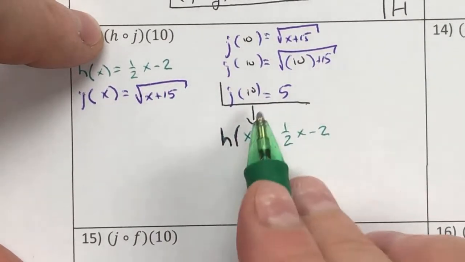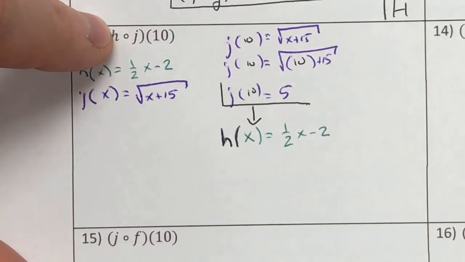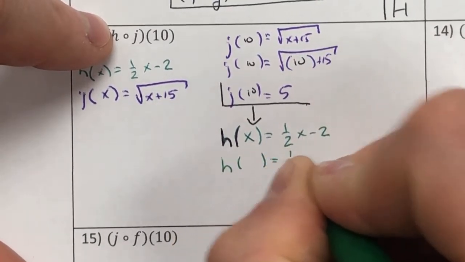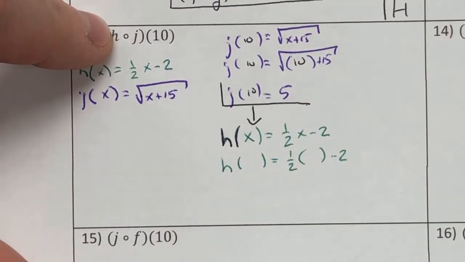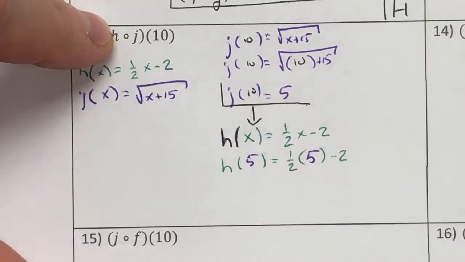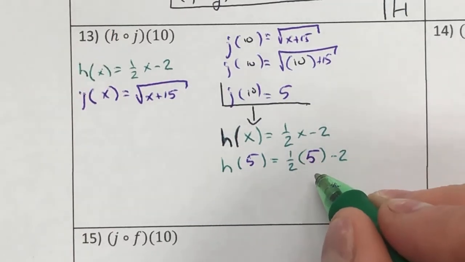So I'm just going to write that out and say, hey, I'm plugging that into my H. And we said J of 10 is 5. So I'm going to plug in that 5 and see what I get. Okay. Well, 1/2 of 5 is 5/2.